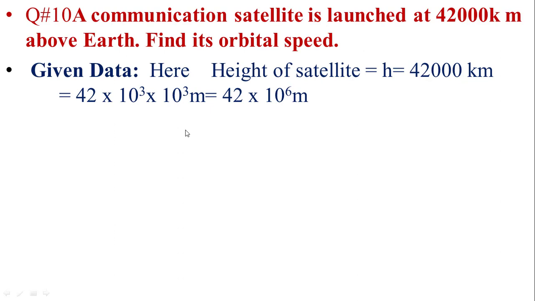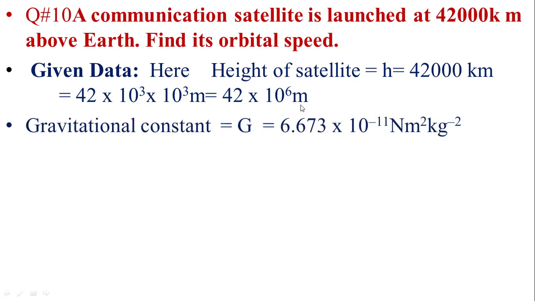Now write the given data. Height h is equal to 42,000 kilometers, which is 42 multiplied by 10 raised to power 6 meter, and gravitational constant capital G is equal to 6.673 multiplied by 10 raised to power minus 11 Newton meter square per kg square.